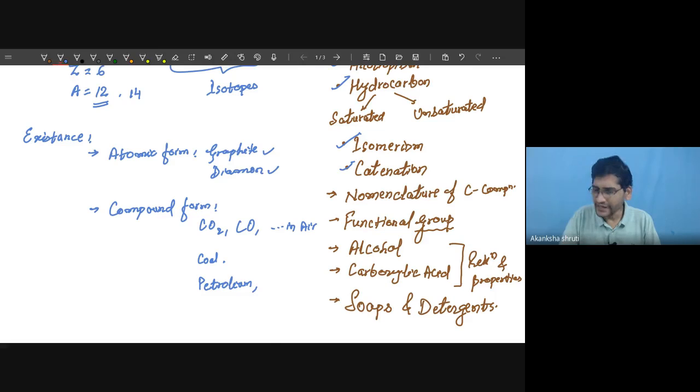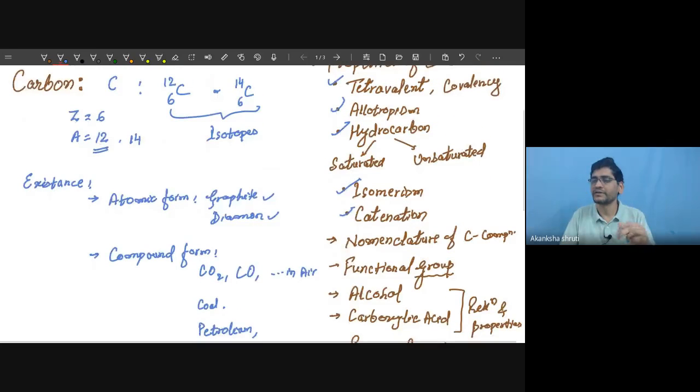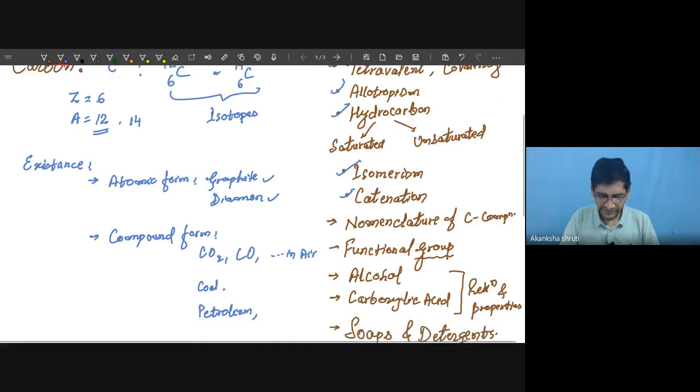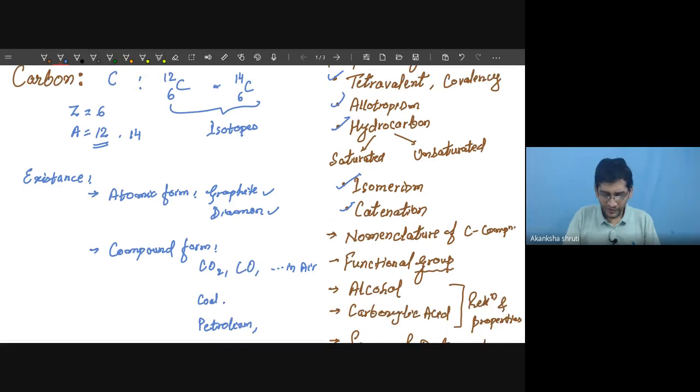So from this petroleum we can get different components like diesel, petrol, CNG, etc. The others in compound form like alcohol or the artificial ones. So this carbon can exist in the various forms.